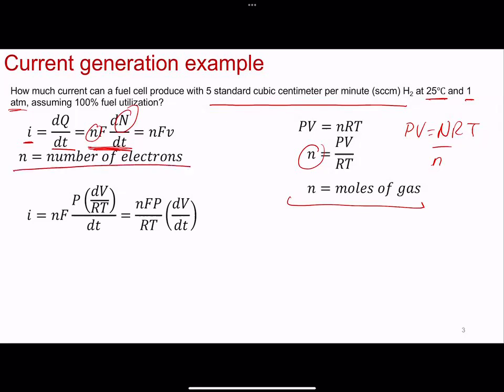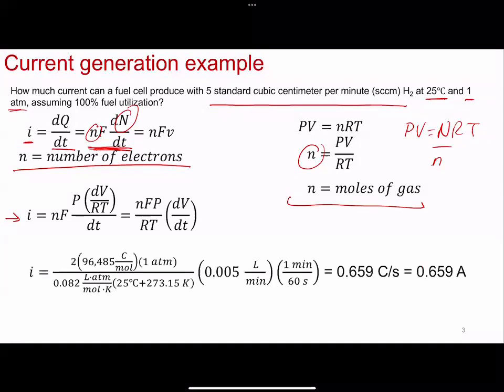So small n over here is the number of electrons. Big N is the moles of gas. Basically, you do some algebraic maneuvering. You bring your N over because you know from the ideal gas law that it's PV divided by RT, R being the gas constant, and temperature, you're at 25 C, convert that to Kelvin. So you're transporting 2 electrons.